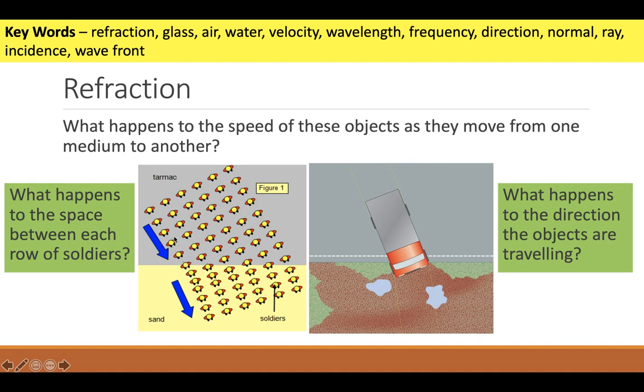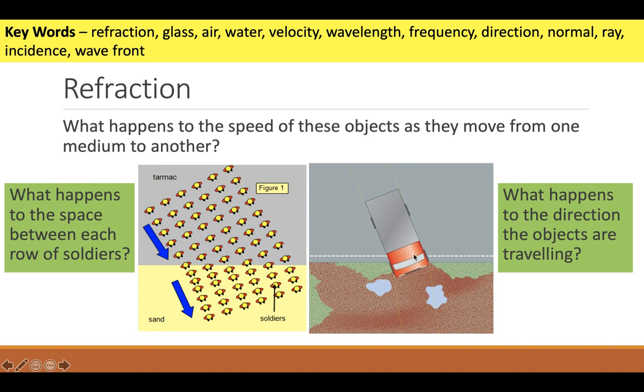Now, we all know that walking on sand is harder than tarmac, so we can walk faster on tarmac. So when this soldier enters the sand, he's going to slow down, and then there'll be a sort of chain reaction going on. So this one will reach, he'll slow down, and so on. And the result is there's slight bending going on, as you can see in the diagram here.